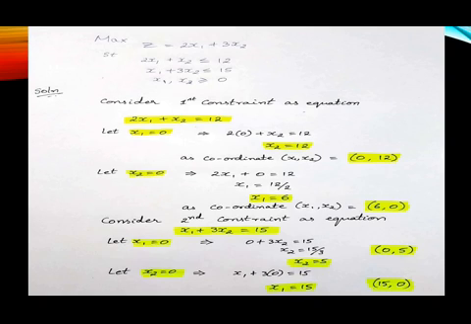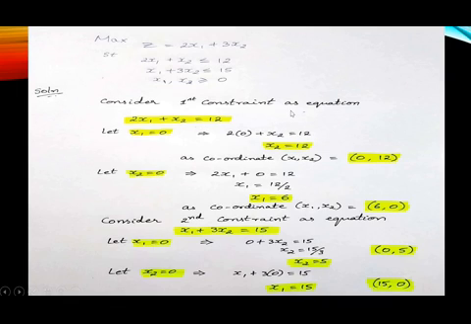to solve the problem, the first step is we are supposed to assume the constraints as equations. Here in the problem, the constraints given to us are inequalities of type less than equal to. So for time being, I will forget that it is less than equal to type and I will consider it as an equation.